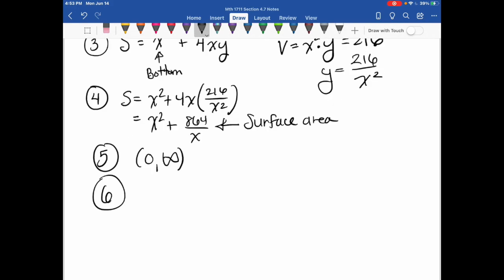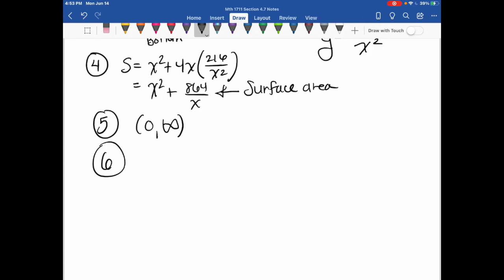Okay, for step 6, we want to find the critical values. So we need to first take the derivative of our surface area. I'll let you do the scratch work, but check to make sure you get the same thing that I'm getting. We should get 2x minus 864 over x squared.